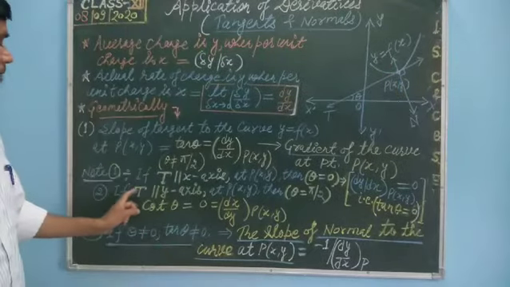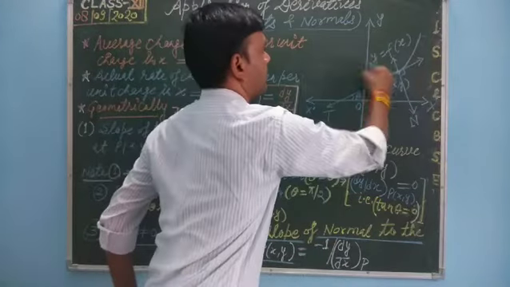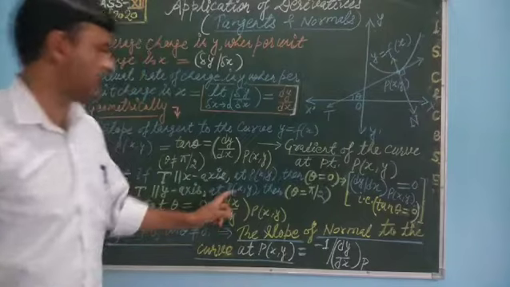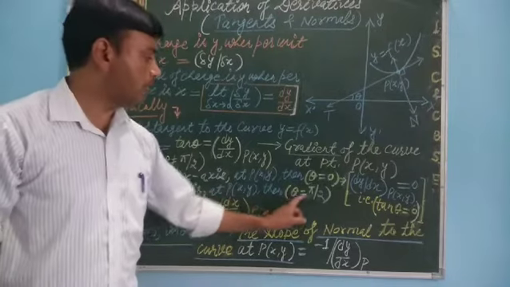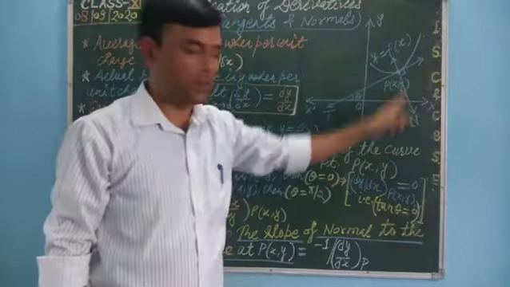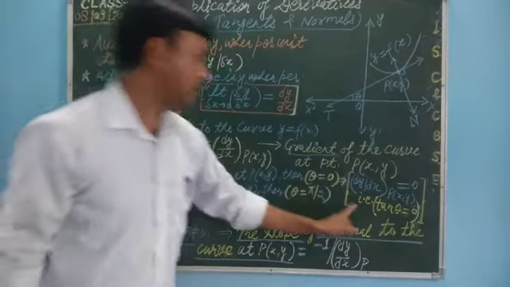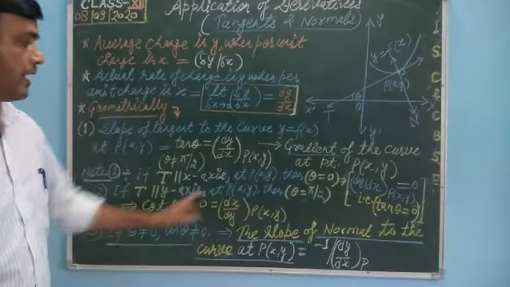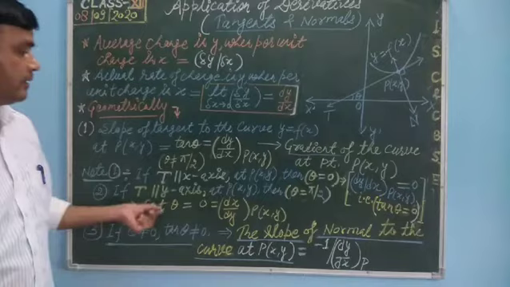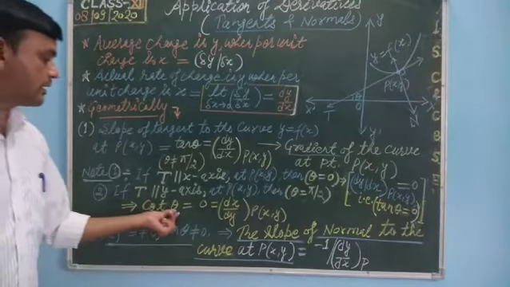Second condition: if the tangent is parallel to the y-axis. It means the tangent is vertical like this, parallel to the y-axis at point P(x, y), then theta will be pi by 2. And you know that at theta equal to pi by 2, tan theta is not defined. Then if you take the reciprocal of tan theta, cot theta is equal to 0.